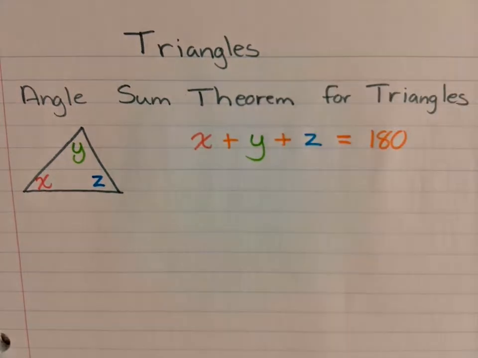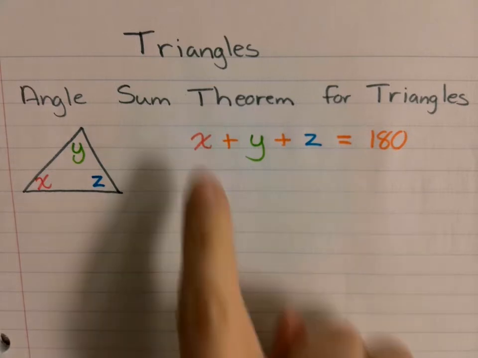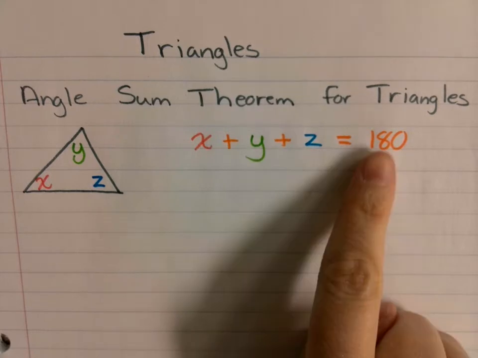Again, no matter what kind of triangle you're dealing with, if you add all 3 angles together, it'll always equal 180 degrees.